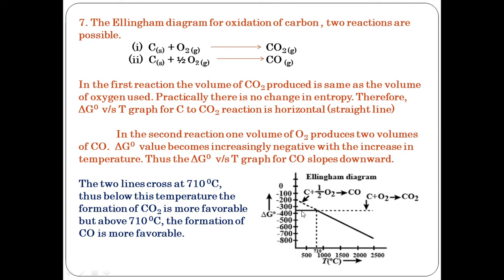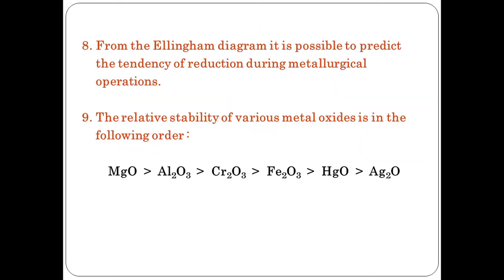But above 710 degrees, the formation of carbon monoxide is more favorable. Below this temperature, the first reaction is favorable; above it, the second reaction, the formation of carbon monoxide, is favorable.